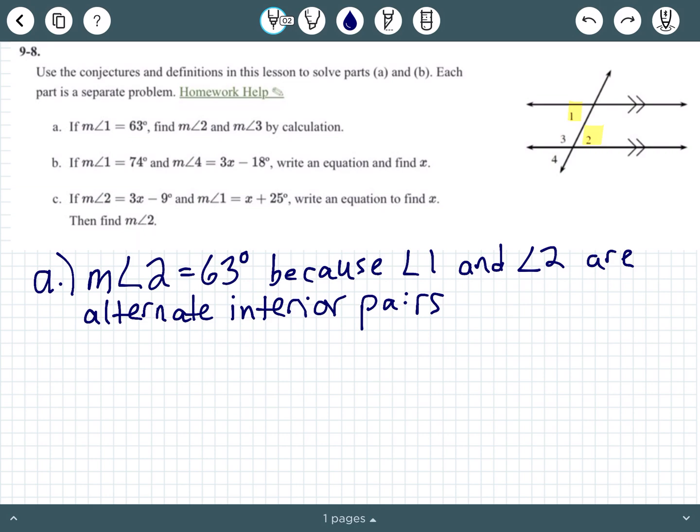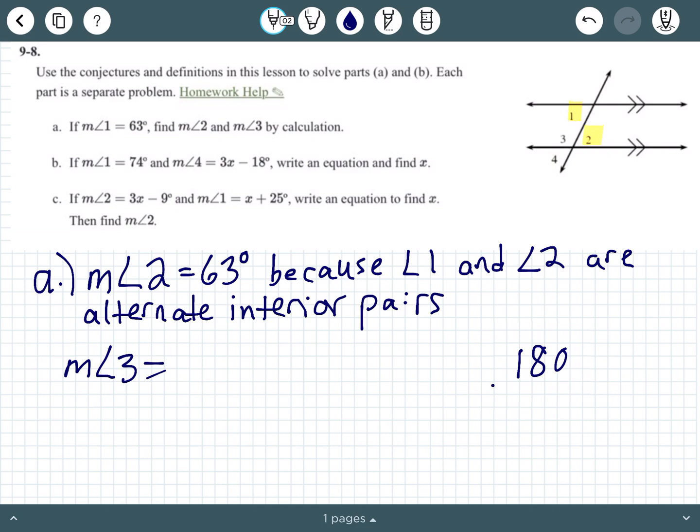Now, the measure of angle 3, we also need to find for part A. Angle 3 and angle 2 make a straight angle, which we will learn later on is also called a supplementary angle. So the measure of angle 3, let's see, we know a straight angle is 180 degrees.